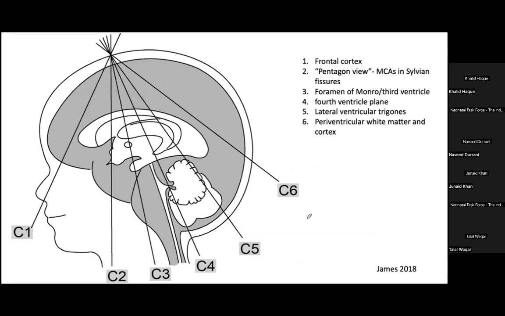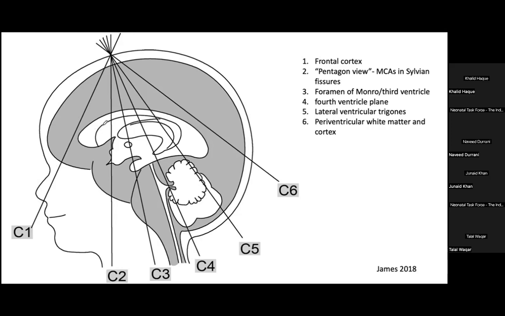So let's first talk about the coronal view. As I said, you have to scan in 6 planes. Start with the midline at the level of both ears, and then 3 cuts in the front and 3 in the back. In the front, C1 is just cutting the frontal cortex.